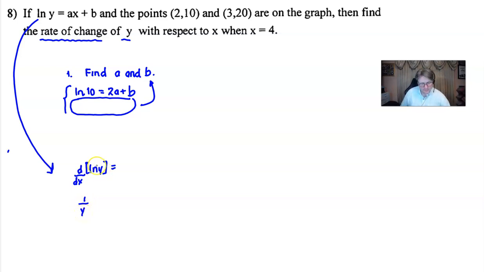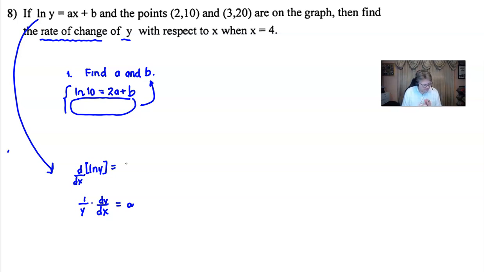But because this is a y, remember we have to invoke the chain rule and multiply by its derivative with respect to x. Now the right side is going to be super duper easy. The derivative of ax is going to be whatever that a is that you found up there. And the b is going to go away. The b is gone. The b is bye-bye.